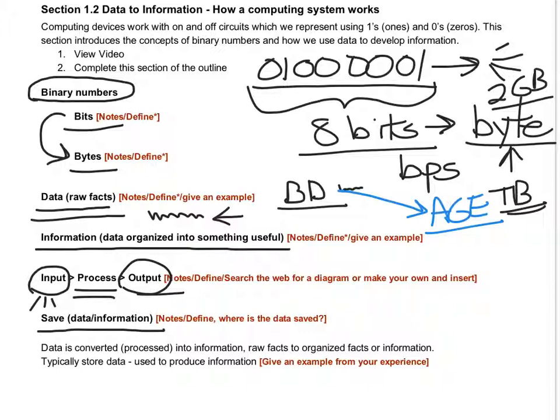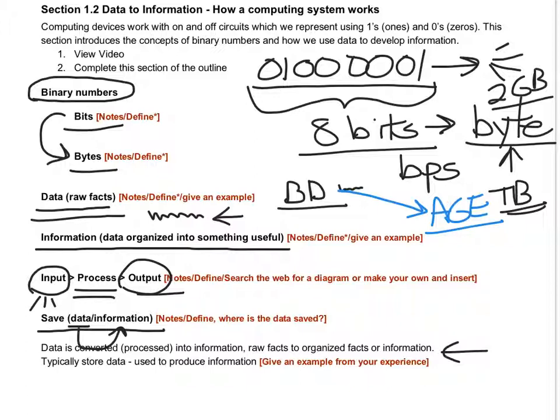We typically save or store data, and then from that data, we create information. Data is typically converted or processed into information, raw facts to organized facts. That's a good little way to think of it.